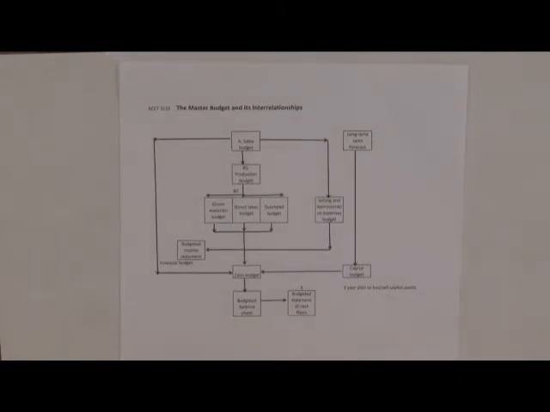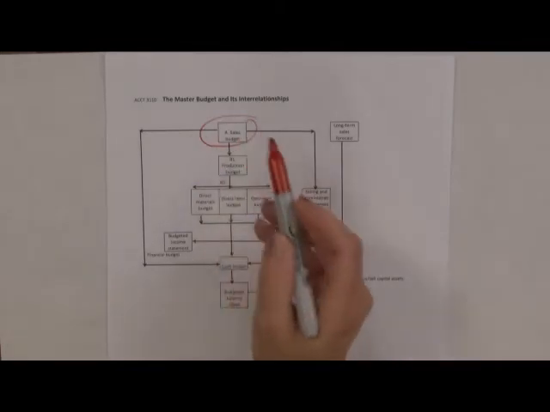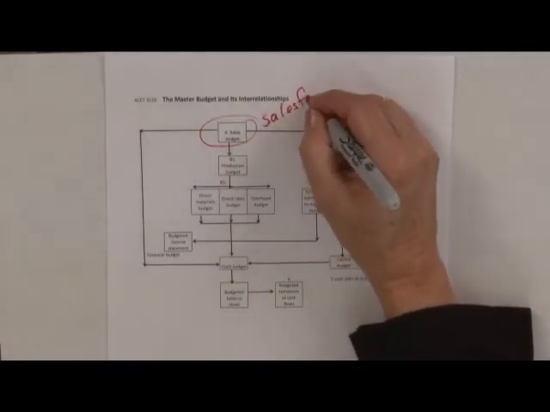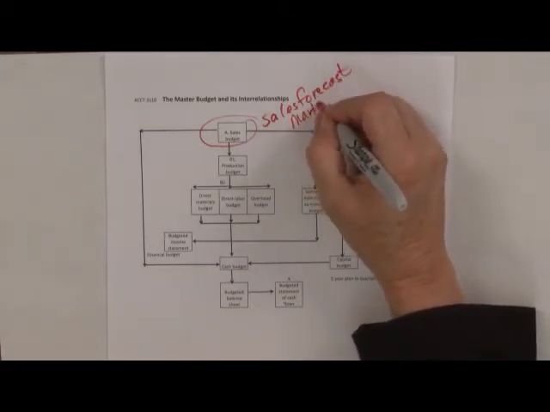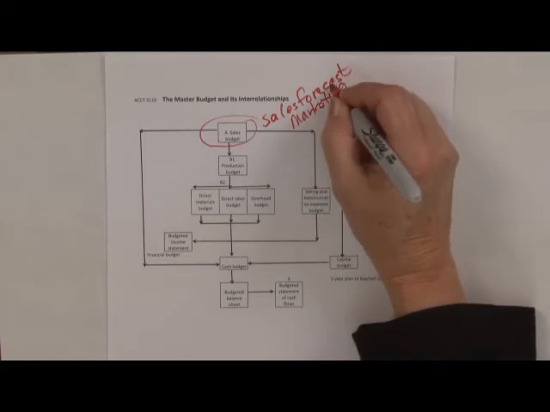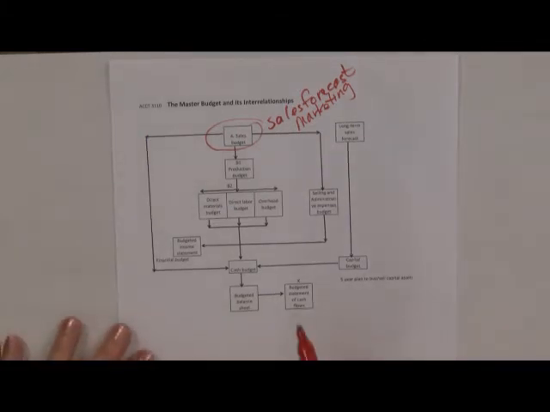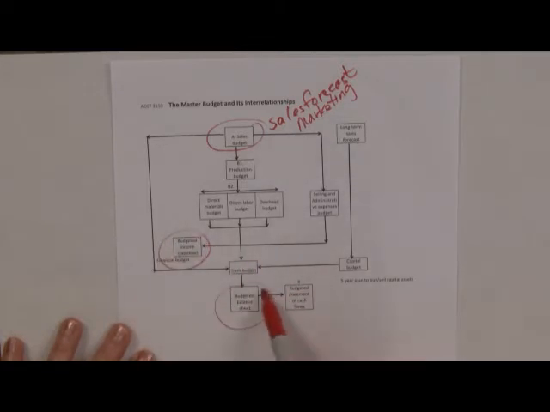But I want to point out that when we do a master budget, which includes all of these budgets, the starting point is always the sales budget. And this comes from a sales forecast from marketing. And the culmination or the last step of the master budget process would be a set of pro forma statements.